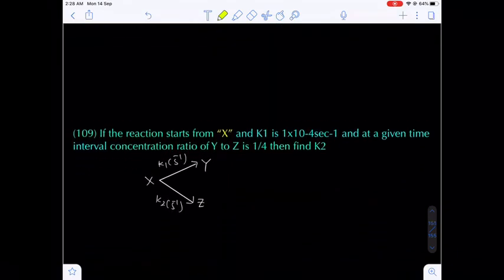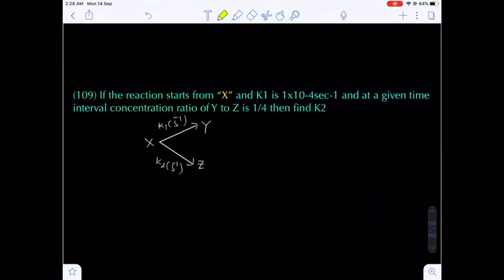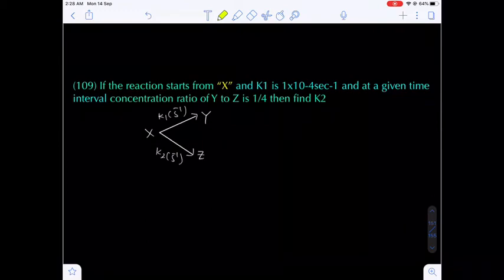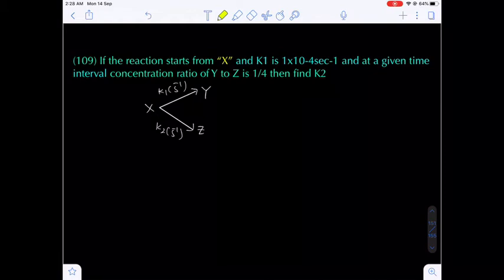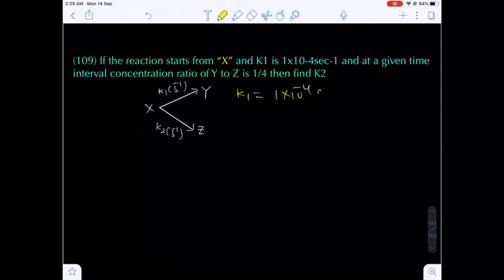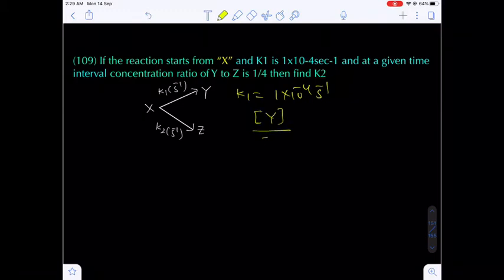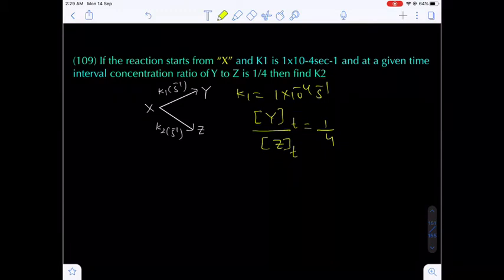Now come to question number 109. What is the question number here? 109. If the reaction starts from X, what is the K1 value given here? 1 into 10 to the power minus 4 second inverse. And at a given time interval T, the concentration ratio of Y to Z, that means the concentration of Y divided by the concentration of Z, is given as 1 by 4.